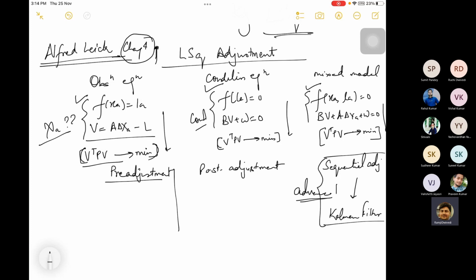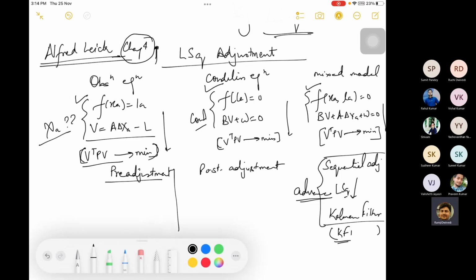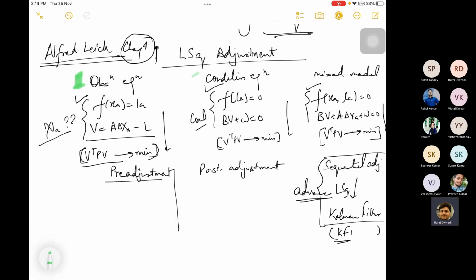So these are advanced LSQ where you have a huge data set that needs to be adjusted, as well as in this Kalman filter you want the prediction also, prediction about the future, so that you could correlate your predicted values and the actual observed values. These are some of the major highlights of adjustment. So these are the five popular methods.